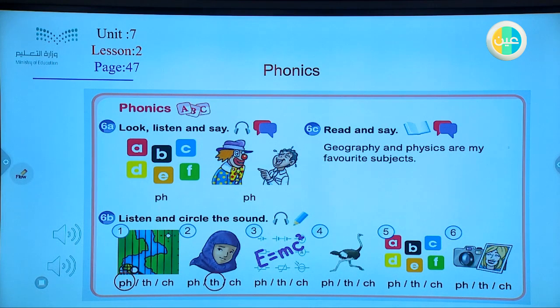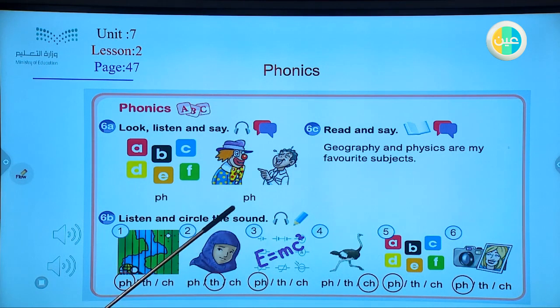Physics. 4. Ostrich. 5. Alphabet. 6. Photo. Very good.